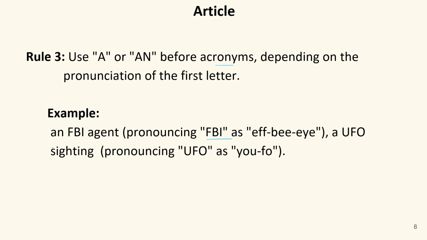If it begins with a swar, it should be an FBI agent. Then UFO. UFO will be pronounced like yoo-eff-oh, beginning with Ya of the Hindi Varnmala, that is a Vyanjan. So if the sound is like a Vyanjan of the Hindi Varnmala, we should write a before it. So a UFO, not an UFO.